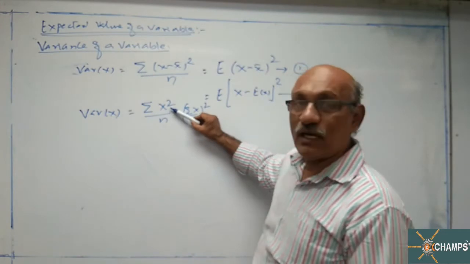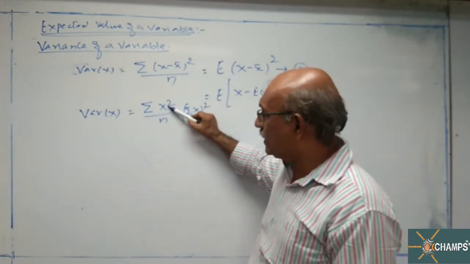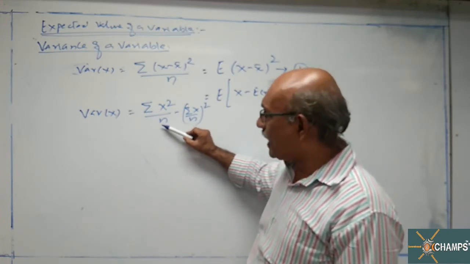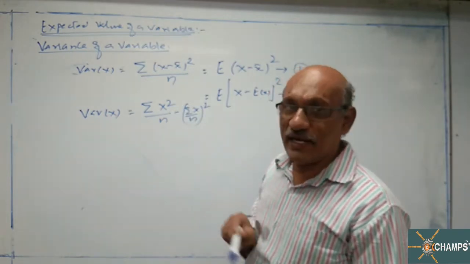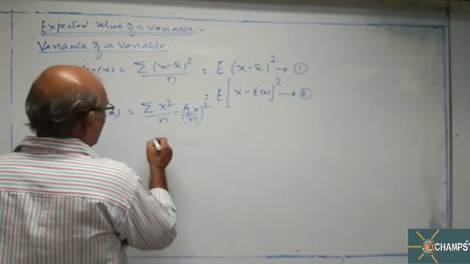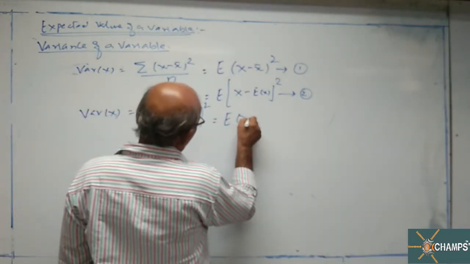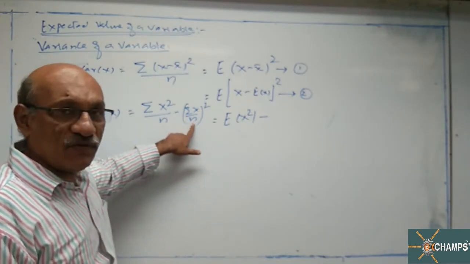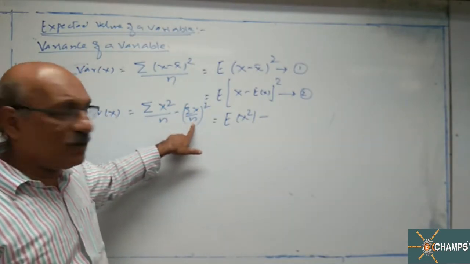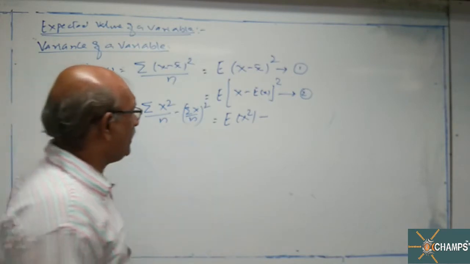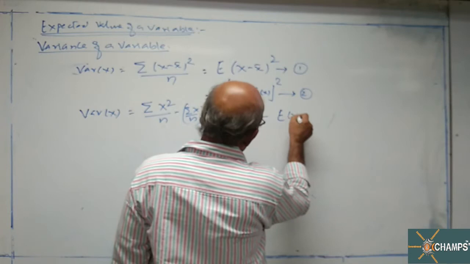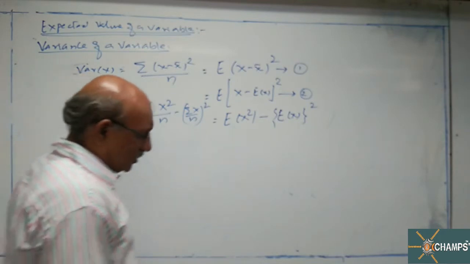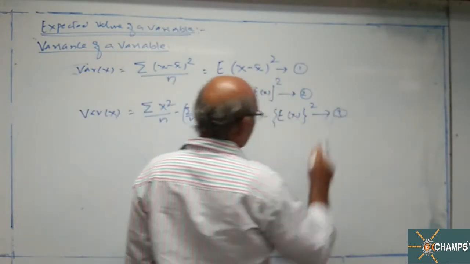Now here also for the variable x square you are getting the total, and the total divided by n, number of observations, means you are calculating mean for this column heading x square. So this can be written as E of x square. This is the third way of representing variance.